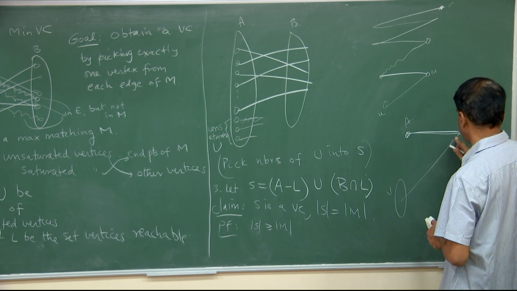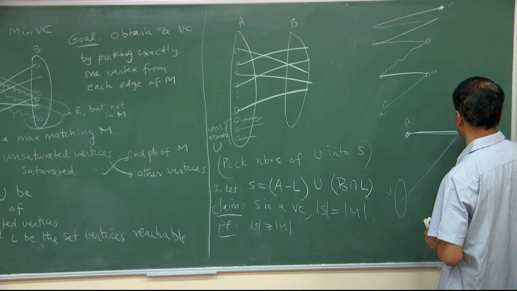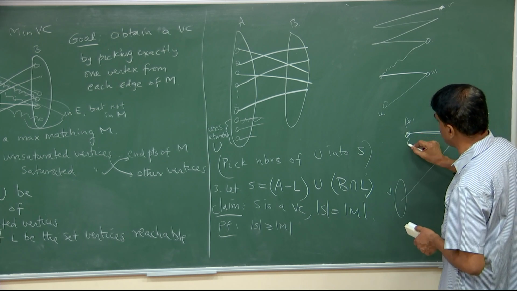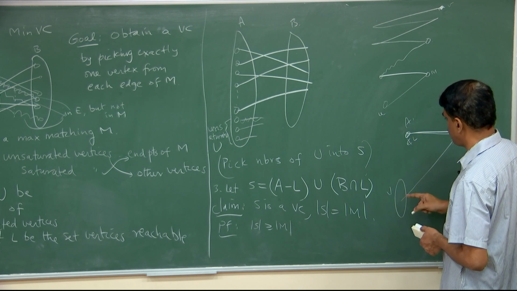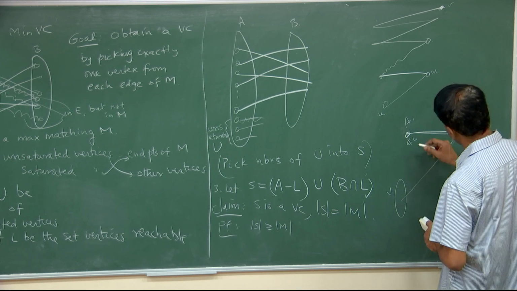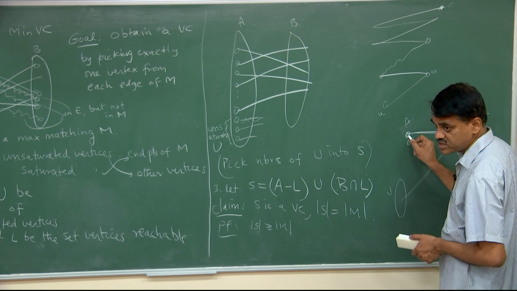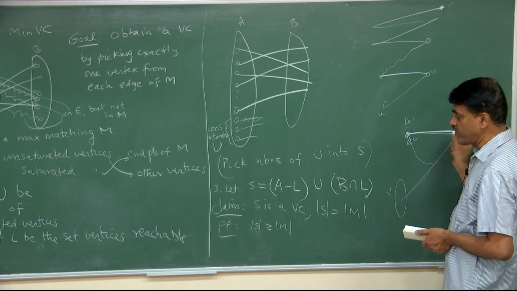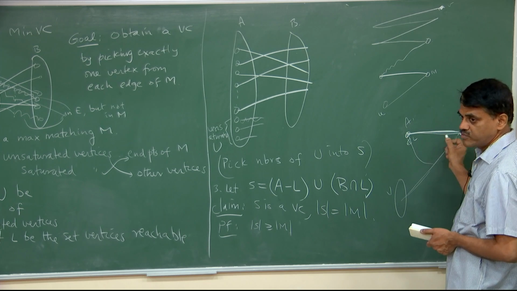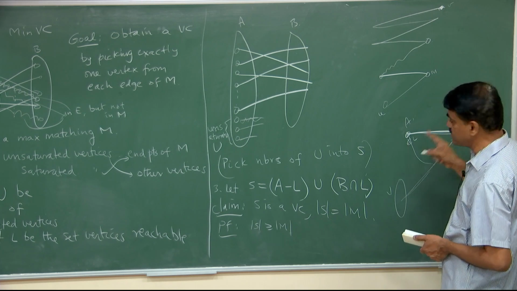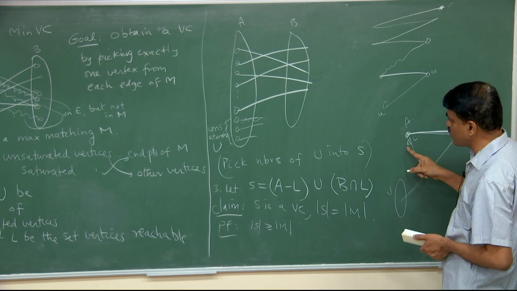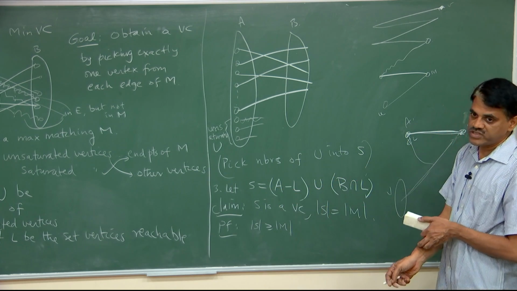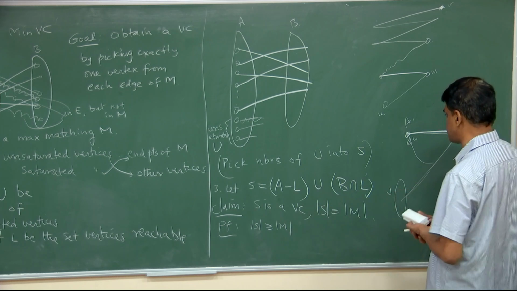Suppose not, that means this vertex is not in L. If this is not in L, this cannot be in L. Because if somehow, through some way I can reach this, then through this edge I can reach this. Since you told me B is not in L, this cannot be in L. Since this is not in L, this is in A minus L, so it will be in S. So S will have at least one vertex from each matching edge, and so it's at least M.